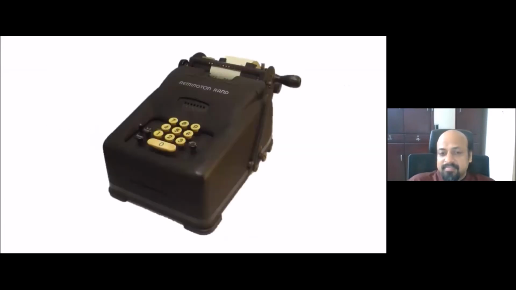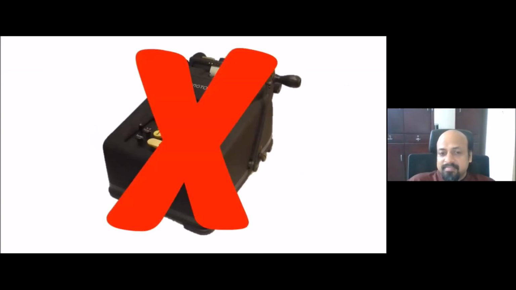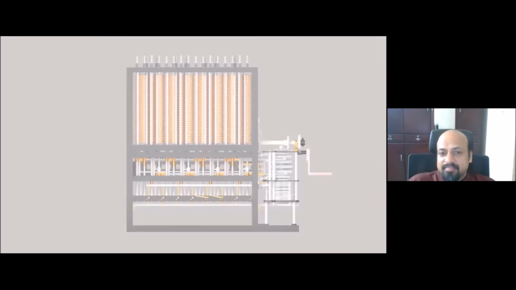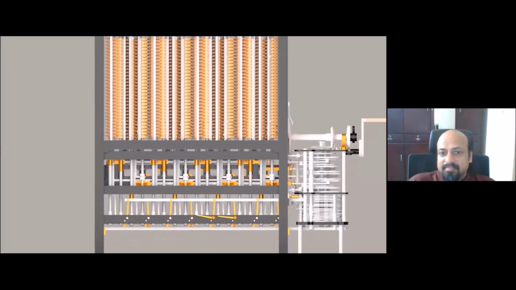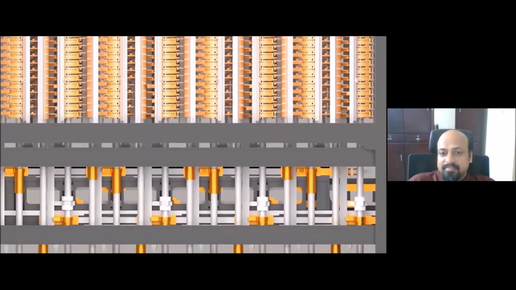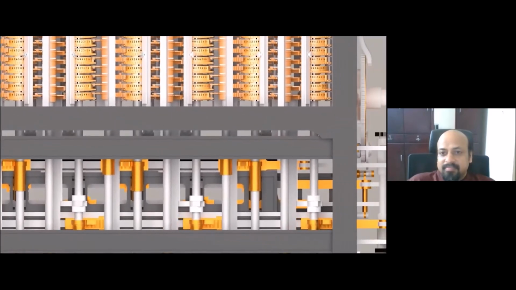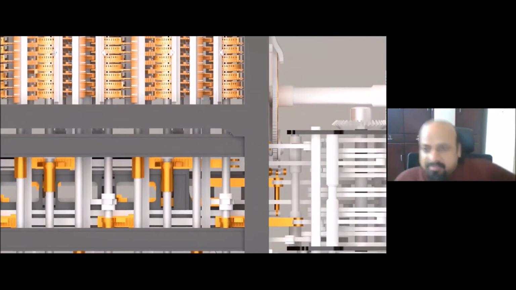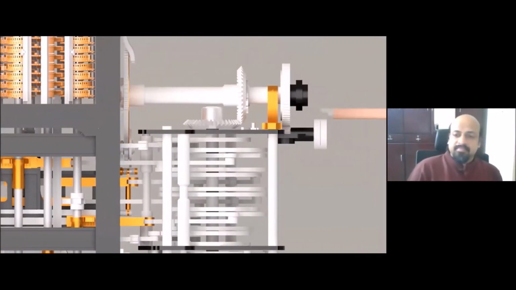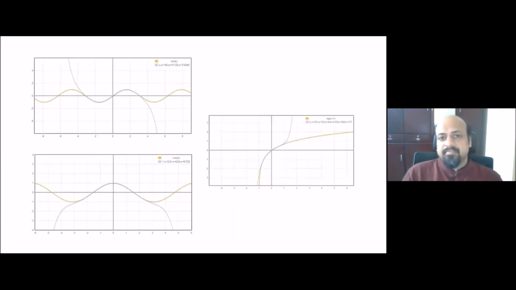A difference engine is not an adding machine in the ordinary sense. It's a special purpose computer that calculates polynomial functions using the method of finite differences. For hundreds of years, computing polynomials was an important problem because polynomials can be used to approximate a wide variety of more complicated mathematical functions, such as sine, cosine, and the natural logarithm.